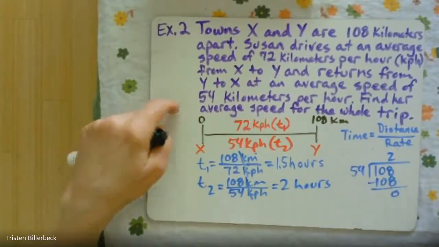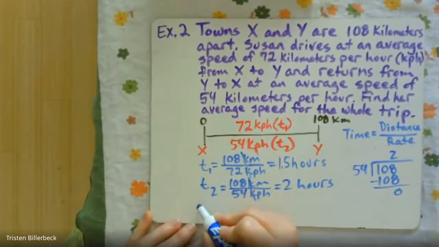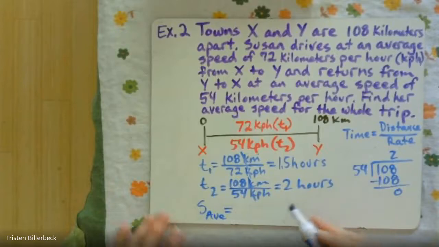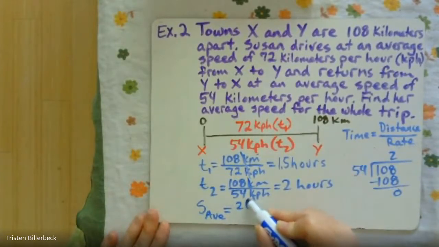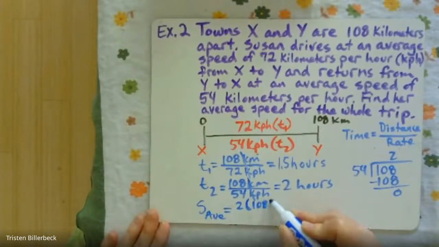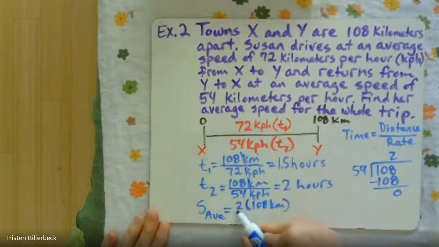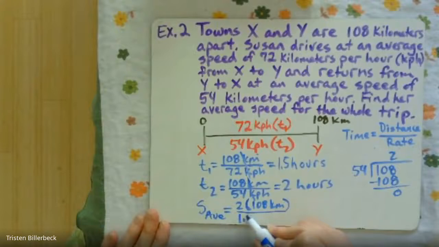So our total average speed, so let's say speed av, for average speed for the whole trip, is going to be the total distance, which is going to be 2 times 108 kilometers, because you went this way and then went back, over the time, and then we add this 1.5 plus 2 hours.